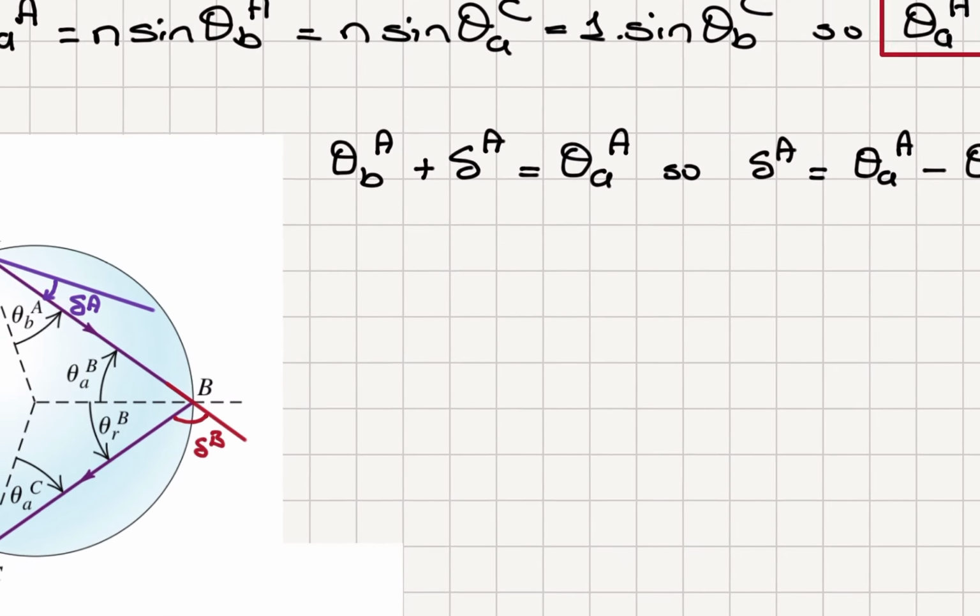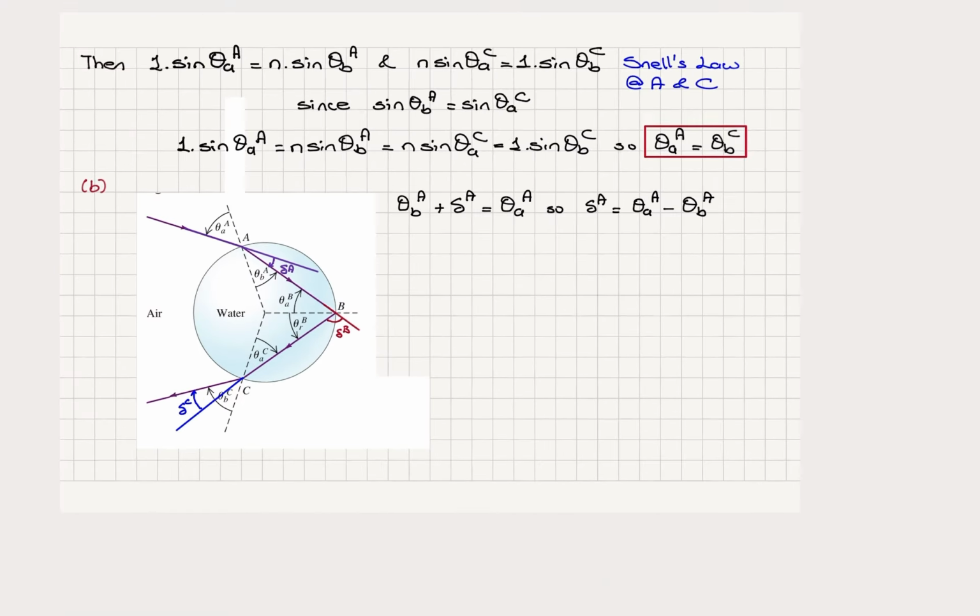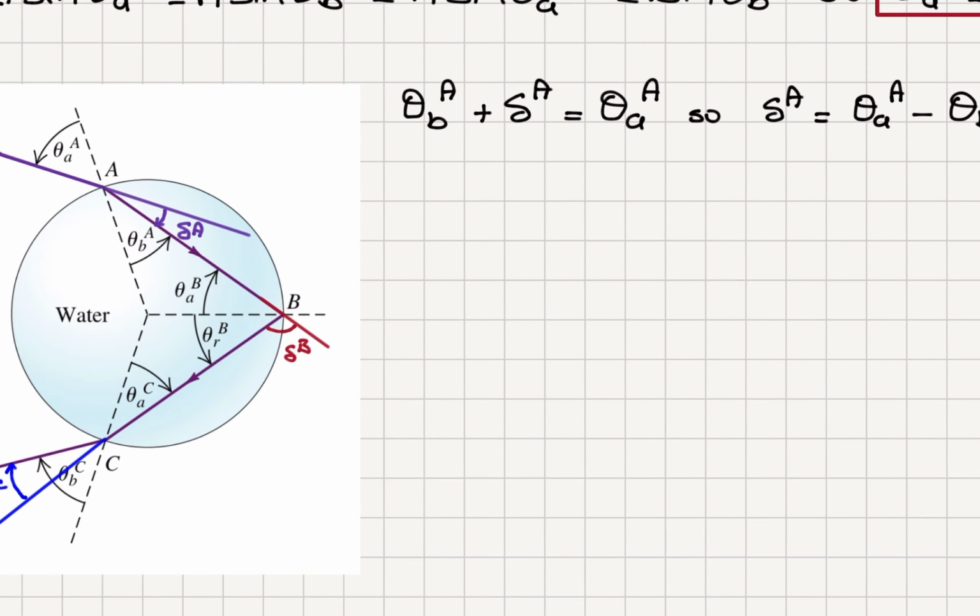Now let's move on to point B. If this ray was not deflected, it goes on a straight line like this, it would follow this path. Instead, it goes through this path, and there is an angle of deflection delta B at point B. So you can see that if I add the angle of incidence at point B, theta sub A point B, the angle of reflection at point B, and the deviation delta B, it adds up to pi.